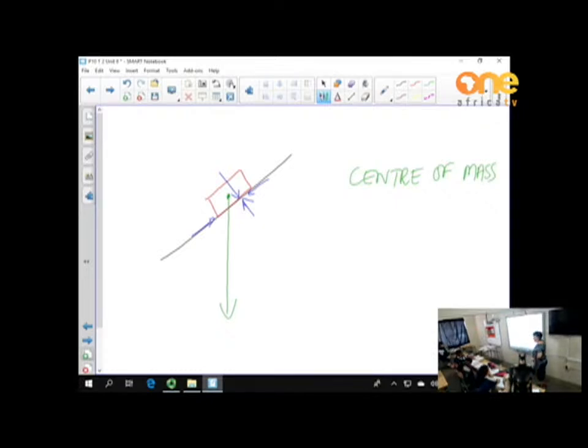But the center of mass is the point within an object from where the weight works vertically down. Do you understand, people? The center of mass is the point within an object through which the weight works vertically down. You with me? Okay.